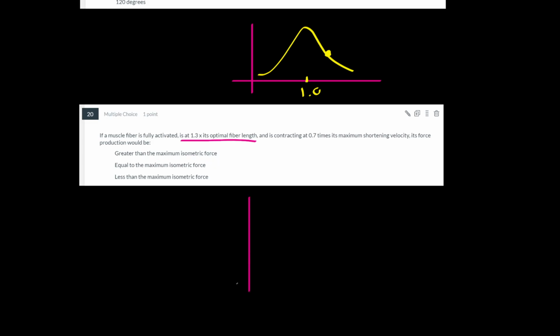And its contraction velocity is at 0.7 times maximum shortening velocity. Okay, I'll draw this the way it's depicted down on the plot I showed you. This is eccentric. This is concentric.